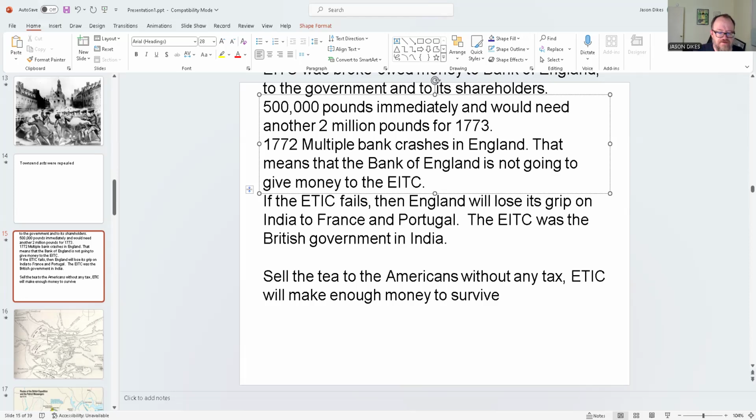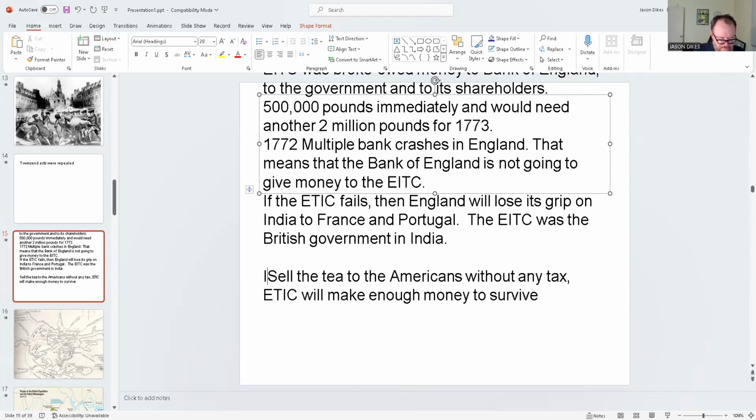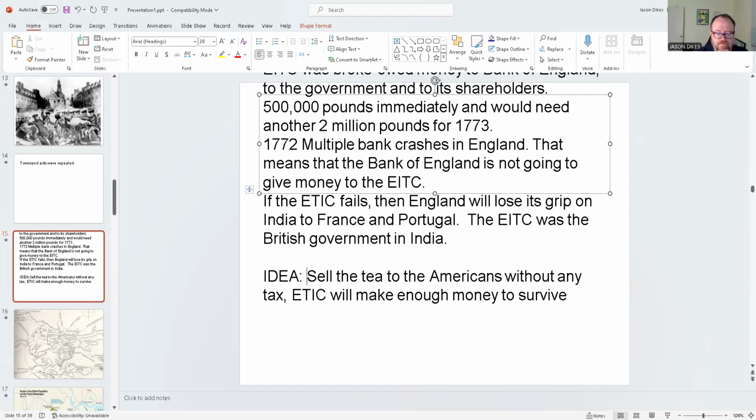That was the initial idea. That idea was rejected by Parliament for a couple of reasons.